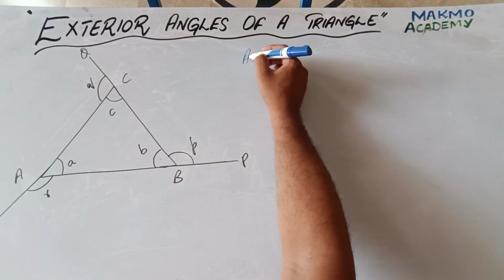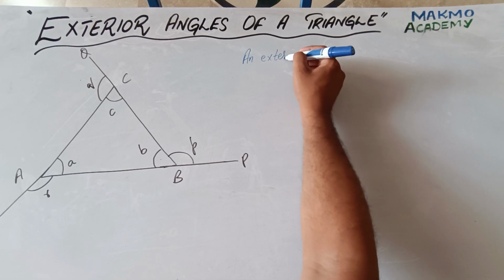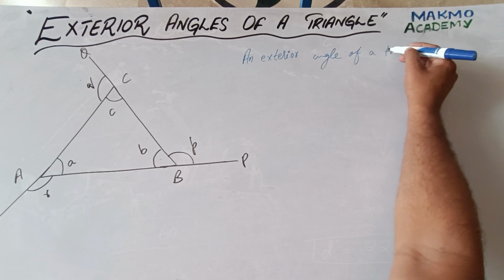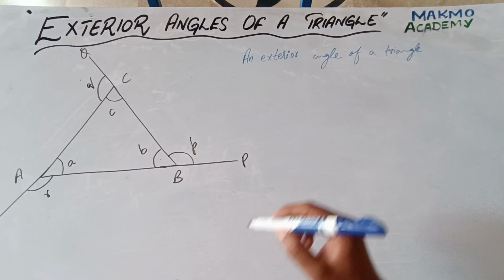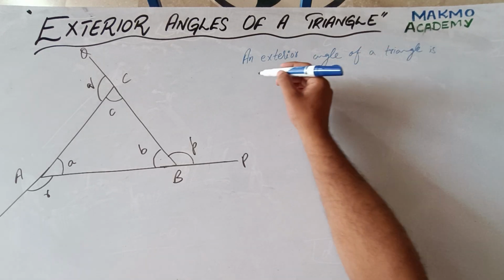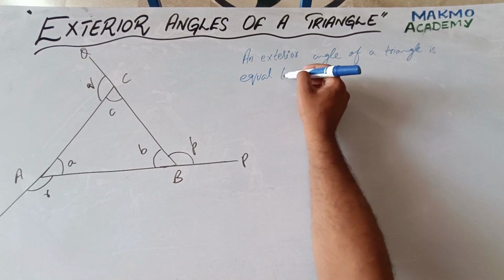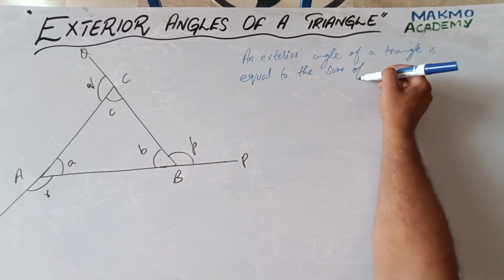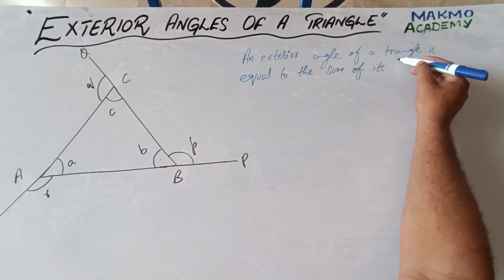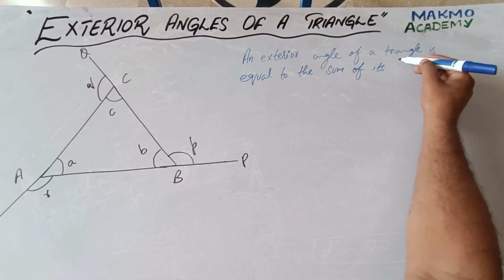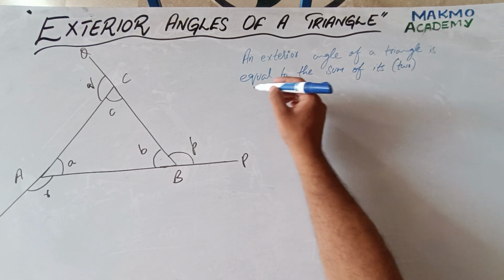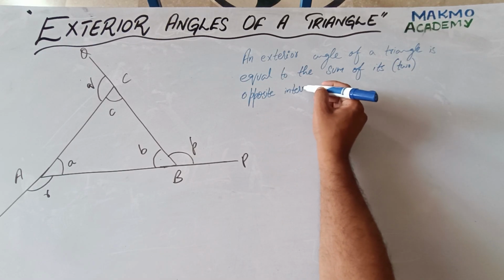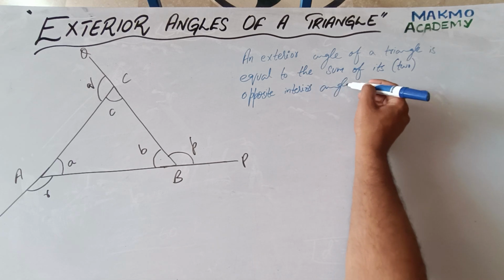of the exterior angle. An exterior angle of a triangle is equal to the sum of its two opposite interior angles.